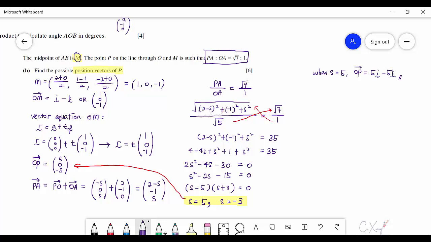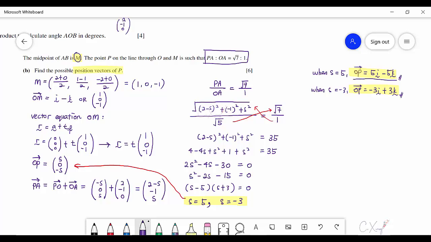This is your first answer for OP, the position vector of P. Then when s equals -3, your OP will be equal to -3i plus 3k. So this is your second answer for the position vector of P.